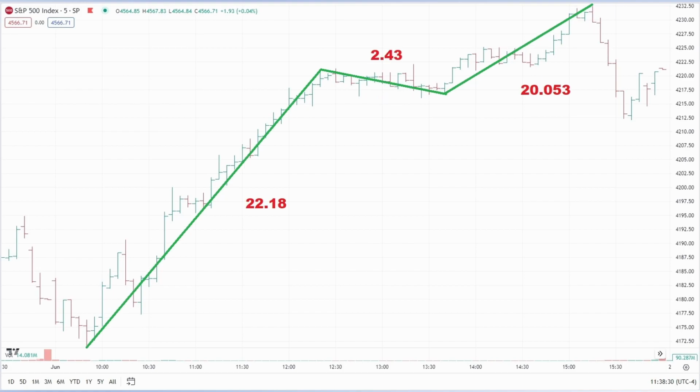These hover in the same area, but the range, defined by the difference between the extreme high value, 2.43, and the extreme low value of 20.053, is 42.5. In our original June 1 of 23, our difference is about 15. There's a significant difference between 15 and 42 as far as range is concerned. So be careful.